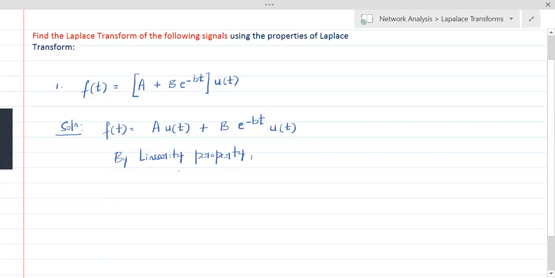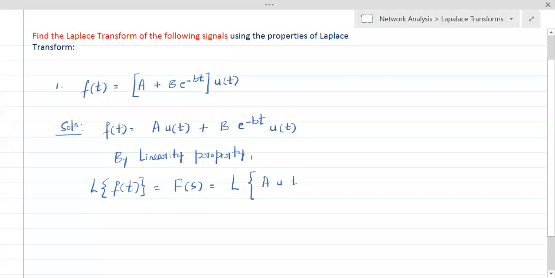That is why we are using the linearity property. So by the linearity property, the Laplace transform of f of t, which is given as capital F of capital S, is as follows.